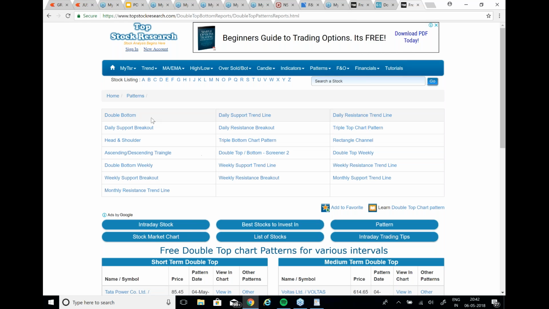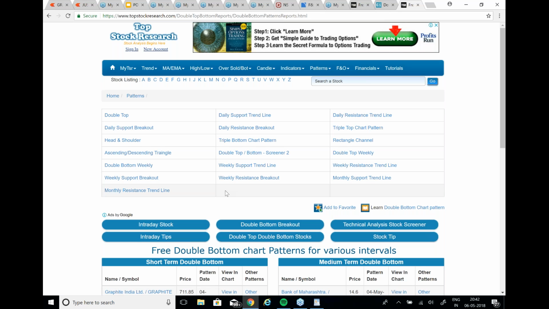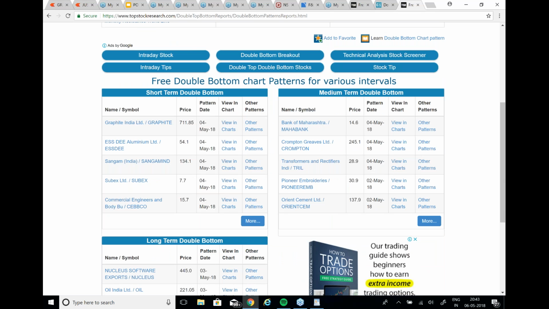Please remember that if you're looking at the double top, you're looking for a selling opportunity, and a selling opportunity can only be found in the futures stocks. In the cash, otherwise you'll have to do intraday trading, right? So if you do the double bottom, let's see what comes up. If we click that, we have three possibilities: short-term double bottom, medium-term double bottom, and long-term double bottom, right?